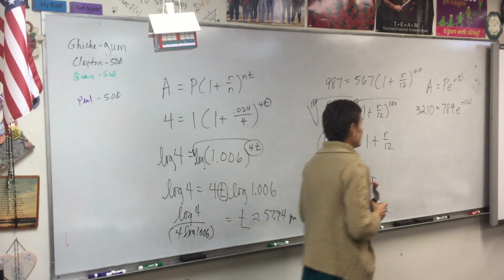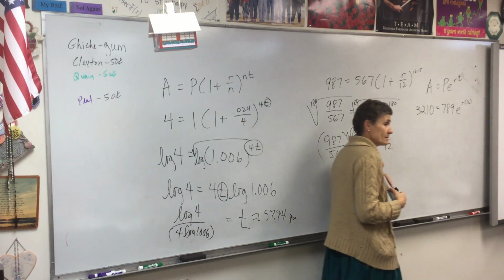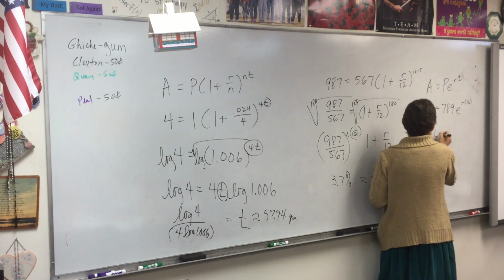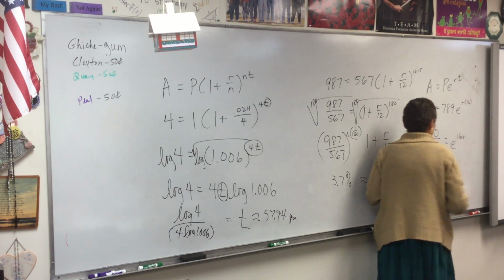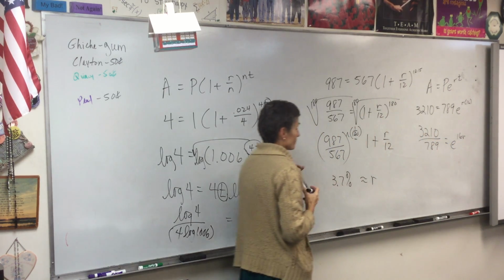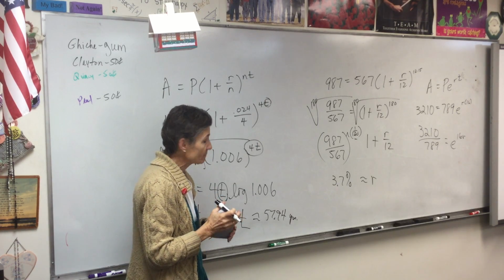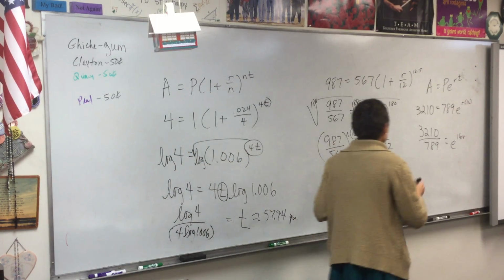Your variable is up there in the exponent again, so you're going to be using logarithms, but not until you divide. So 3210 divided by 789. Always divide first, right? Now we'll ln both sides.